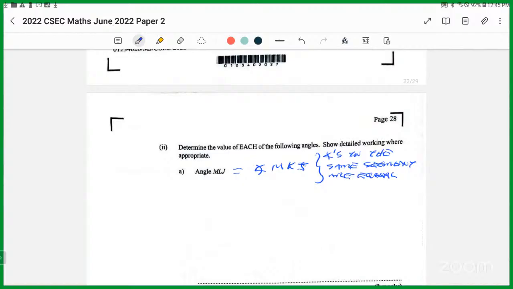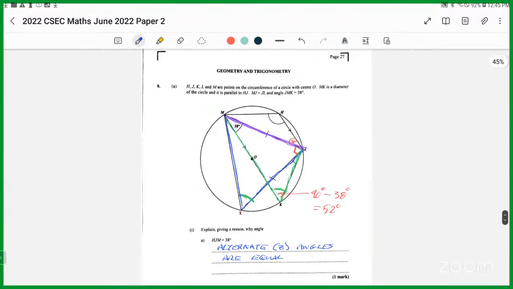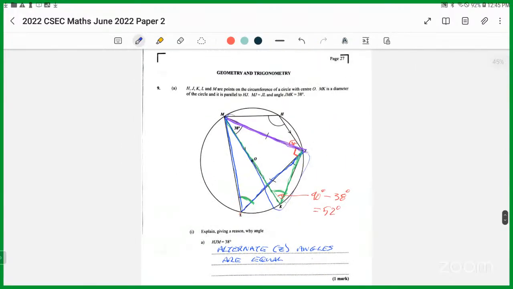And now, what is this angle? This angle is 90 degrees minus 38 degrees, which is 52 degrees. And now the total angle in this triangle, MJK, is 180 degrees. This angle is already 90, so these two must add up to 90.